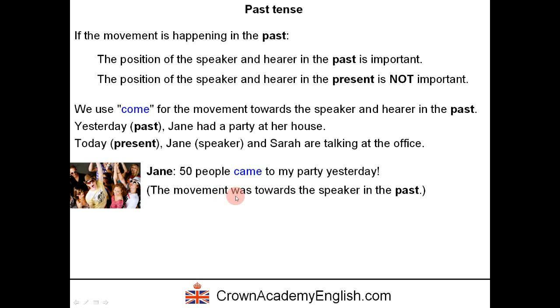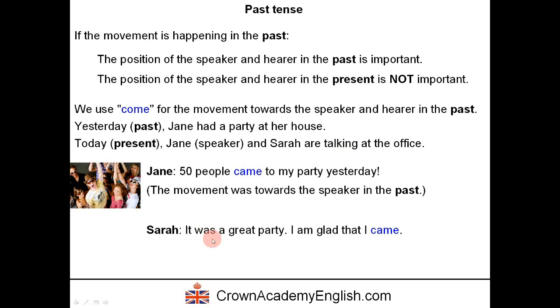Okay, so it is not important that in the present Jane is not at home. Do you understand? So Jane today, she is at the office. She's not at her home. But her position today is not important because we are talking about the past. So the perspective changes and we use the verb come. Jane does not say 50 people went to my party yesterday. That would be wrong. Okay.